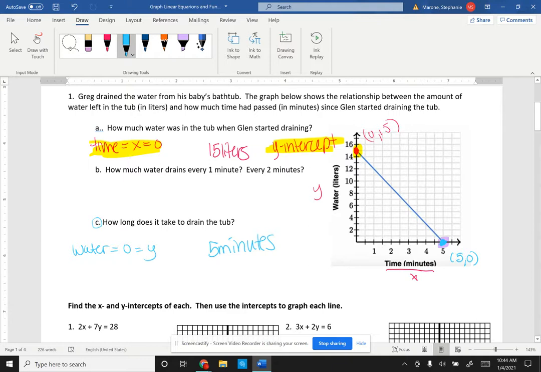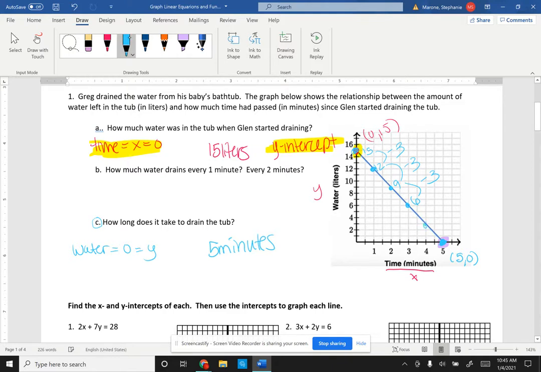Now, part B says how much water drains every 1 minute. So it went from 15 liters right here. Another minute passes, that's 12 liters. Another minute passes, that's 9 liters. Another minute passes is 6 liters. So these are all decreasing by 3. And that's always going to be constant. We're going to learn about slopes, some of you might have, but that's always going to be constant.